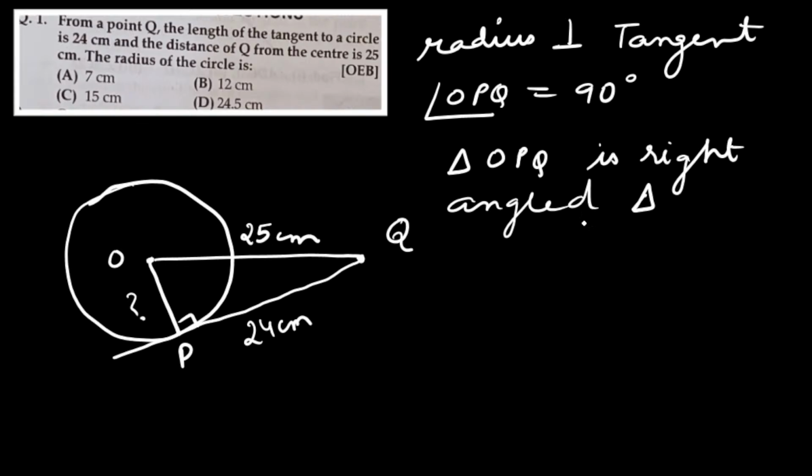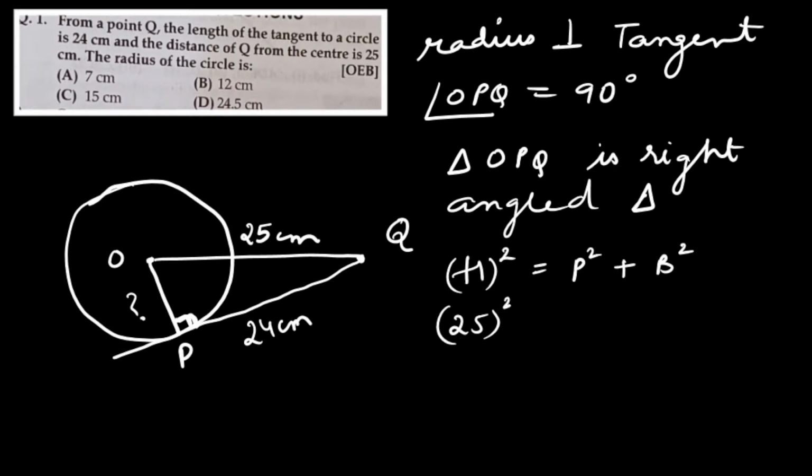And in a right angle triangle, we can use the Pythagoras theorem. The Pythagoras theorem is: square of the hypotenuse is equal to perpendicular square plus base square. Hypotenuse is that side which is opposite to the right angle. So here OQ is the hypotenuse.